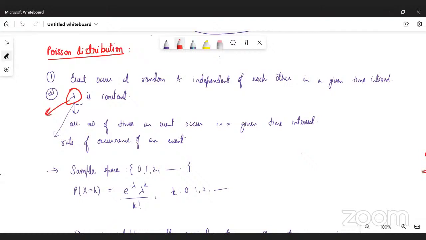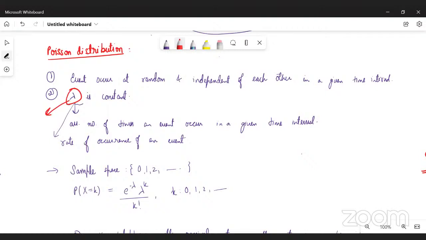For example, the number of accidents that happen on a highway each week. Such a situation models your Poisson distribution where lambda will be fixed, I mean the rate of occurrence of the event. The event in that case is the number of accidents, right?